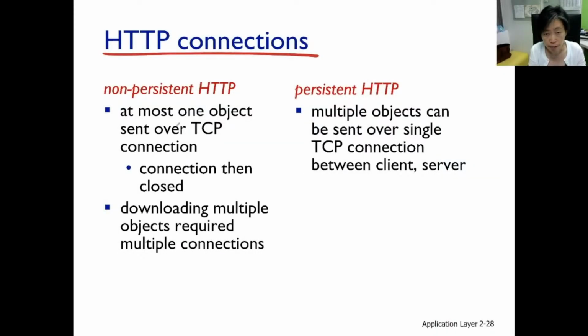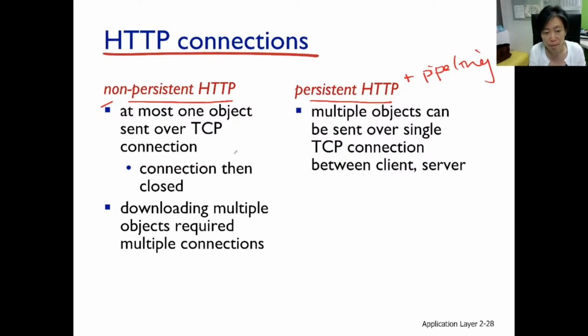HTTP connections. There are actually three flavors of HTTP connections: non-persistent HTTP, persistent HTTP, and third, persistent HTTP plus pipelining. All right, so let's start from the most basic, the oldest flavor, non-persistent HTTP. This is implemented in the pioneer versions of HTTP.